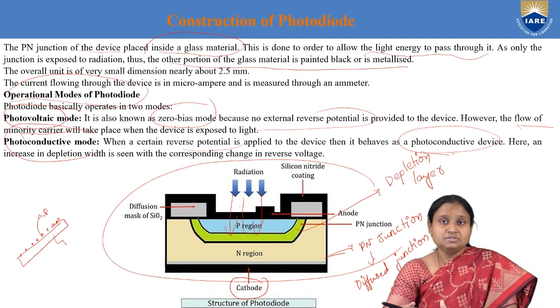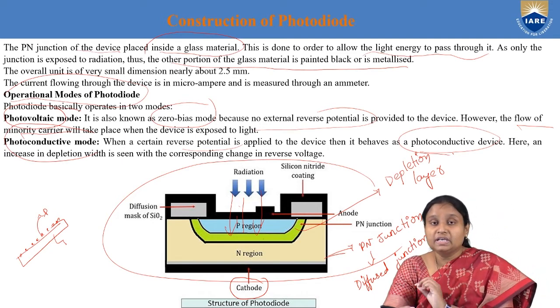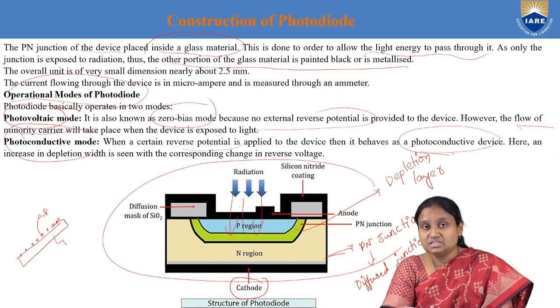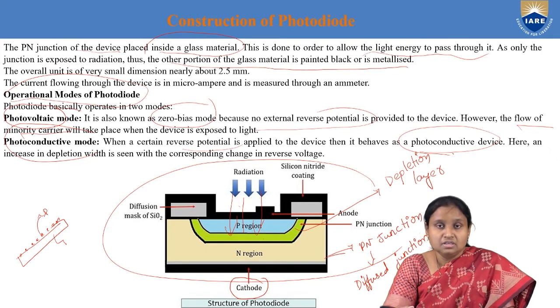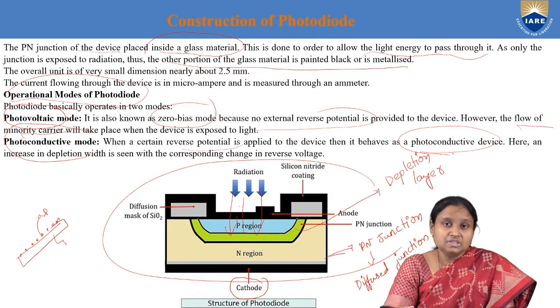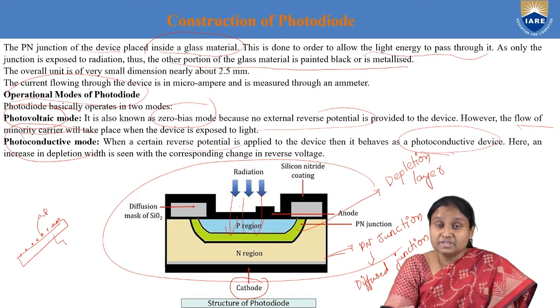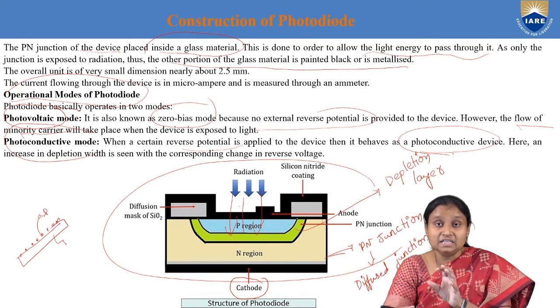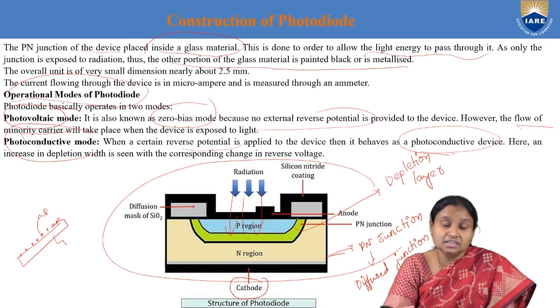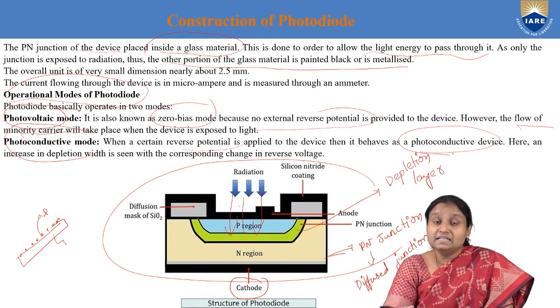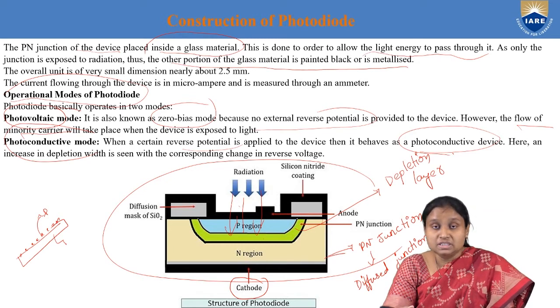So in what way are these two modes different? In photovoltaic mode, there is no application of external voltage. We just expose our depletion layer to light. Then whatever immobile charge carriers are present in the depletion layer gain energy from photons of that light and give rise to current. That current is because of the flow of minority carriers.